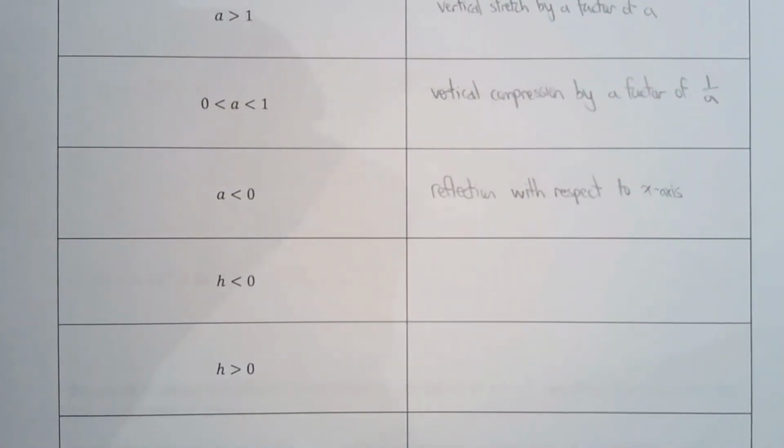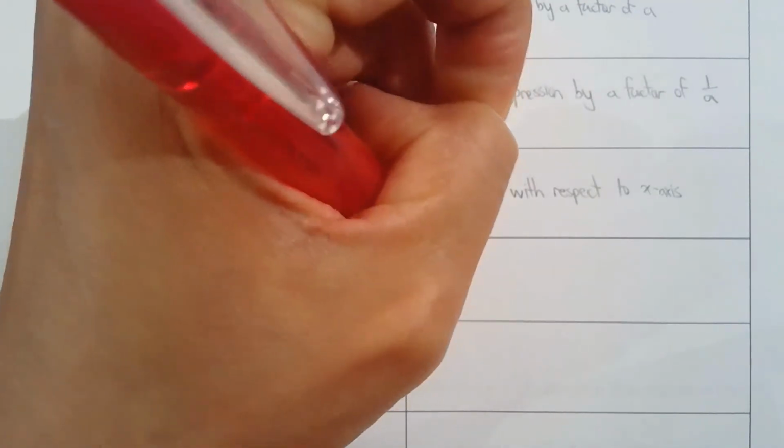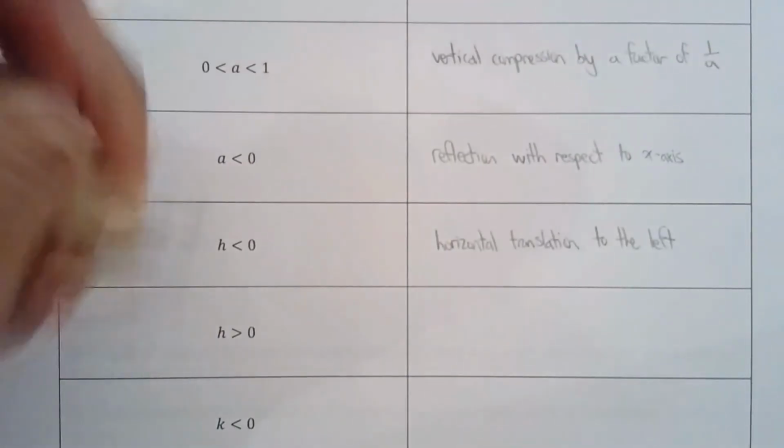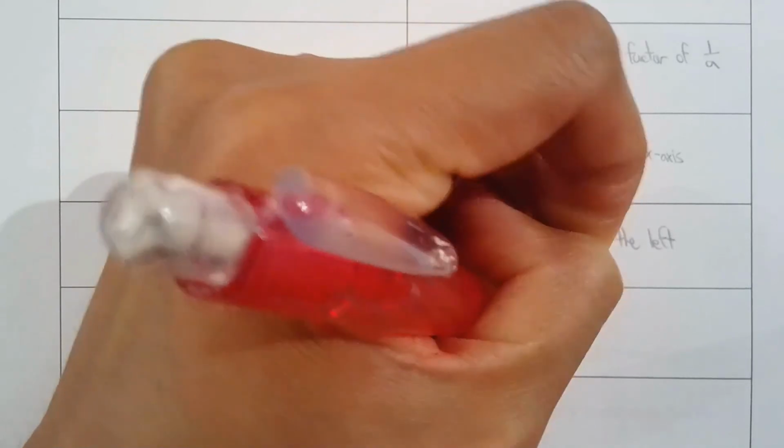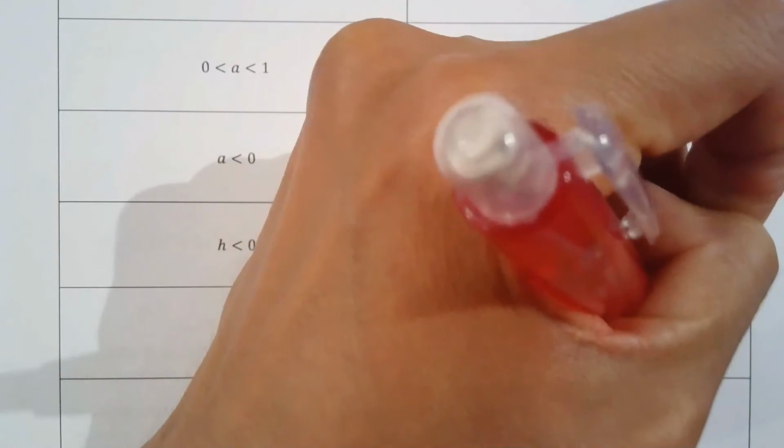When h is less than 0, we have a horizontal translation left, to the left. And if h is greater than 0, we say horizontal translation to the right. So you can go back to the animation and look at it again. That's what we gathered from the animation.